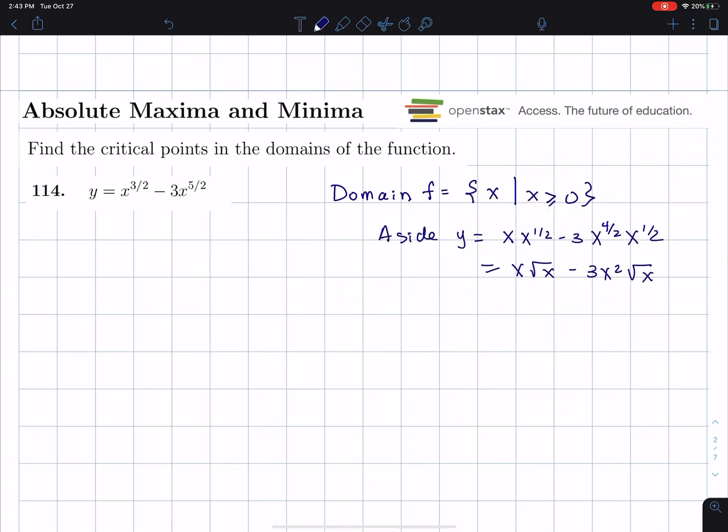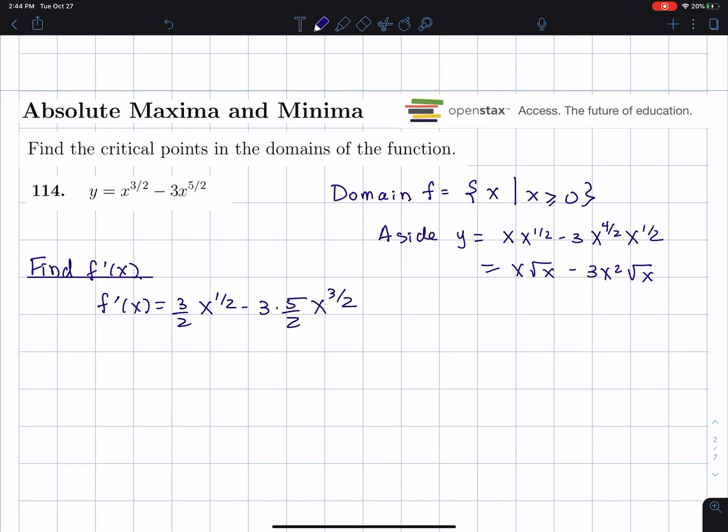What I'm going to do here is find the derivative, and I'll just use the power rule. So I get f prime of x is equal to 3/2 x to the 1/2 minus 3 times 5/2 x to the 3/2.